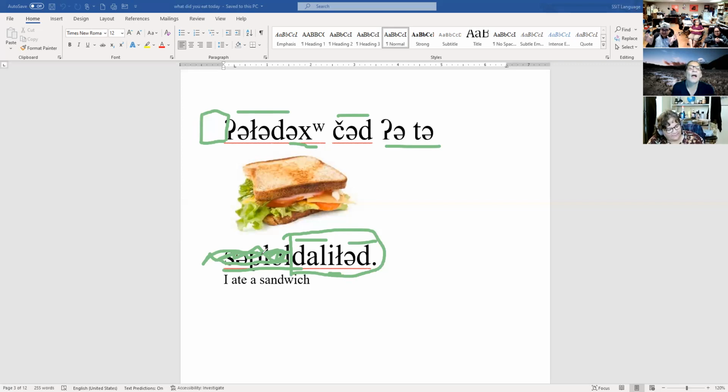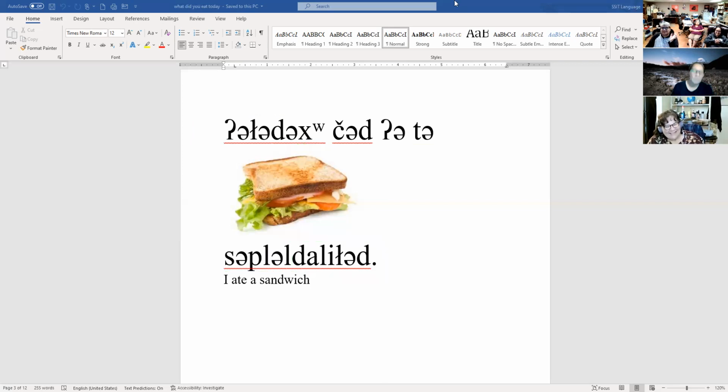You can put in Mexican food, or Chinese food. So that's where that goes.